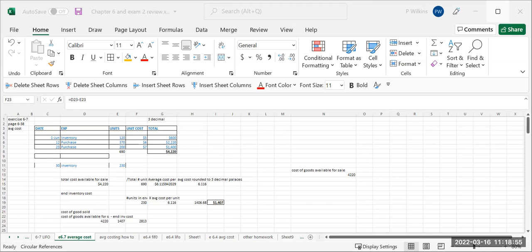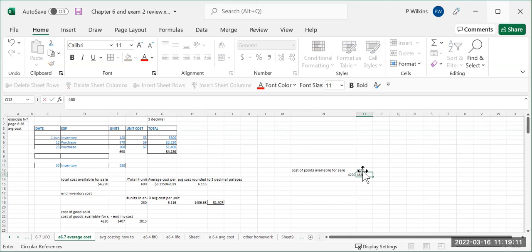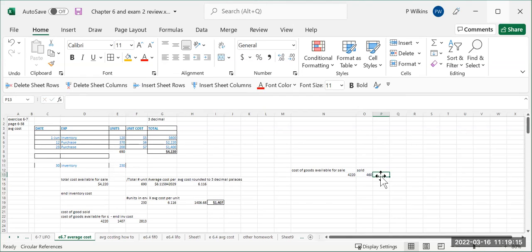So 690 minus the ending inventory of 230 gives us 460. So 460 units were sold. Oh no, sorry, we don't want cost of goods available for sale.